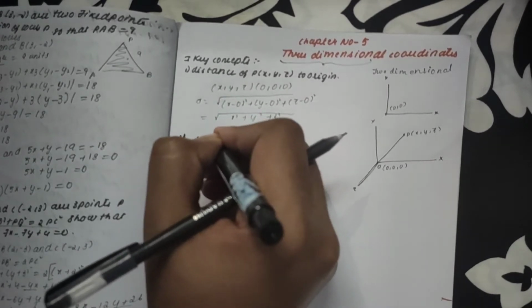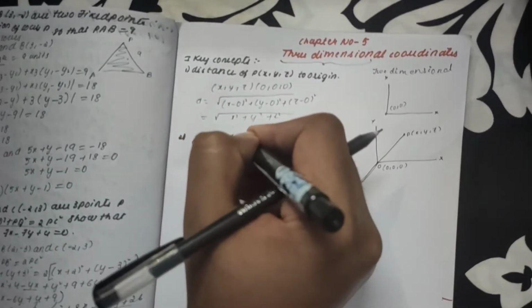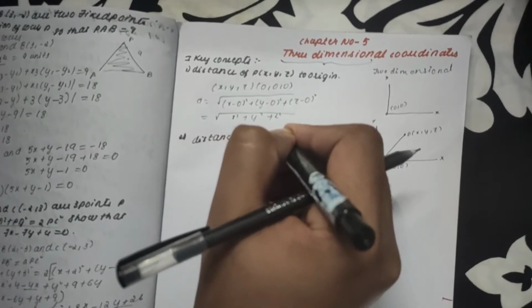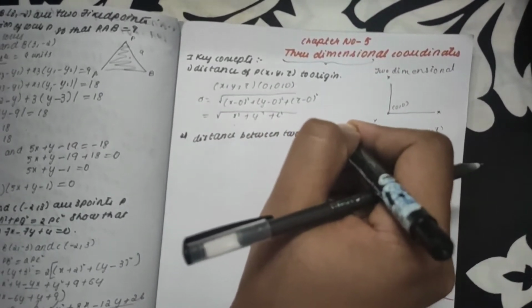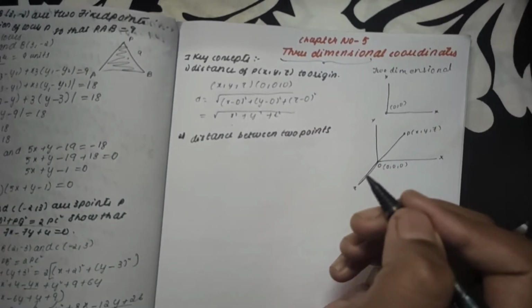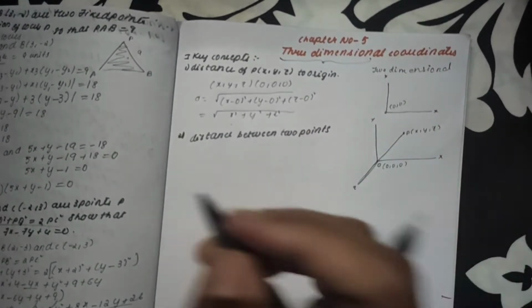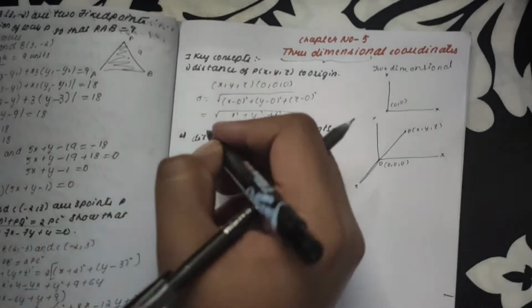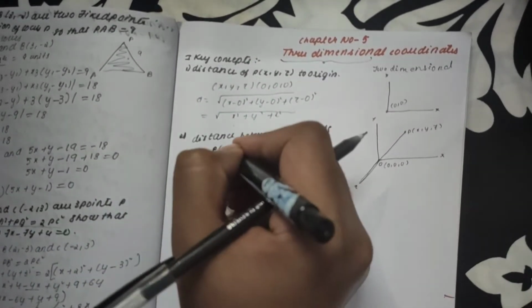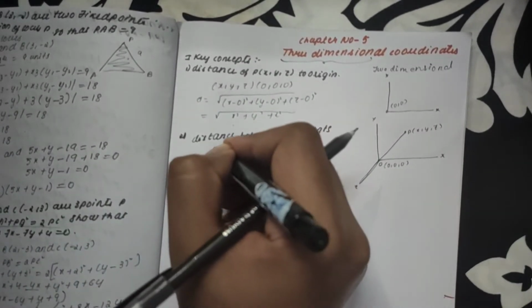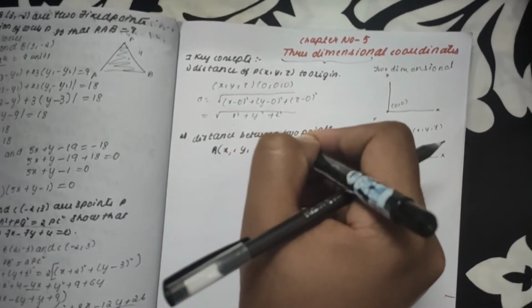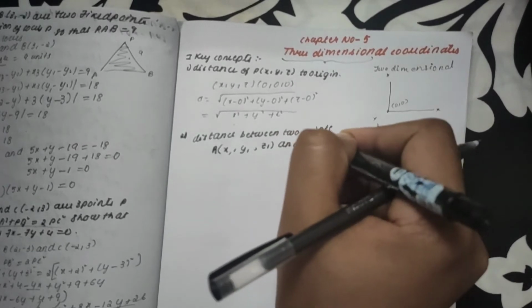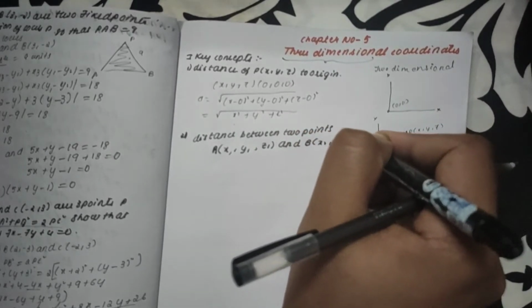And the next topic is distance between 2 points. We have known how to find the distance between 2 points in two-dimensional. So let's find the distance between 2 points in three-dimensional. Let us take A as x1 comma y1 comma z1 and B as x2 comma y2 comma z2.